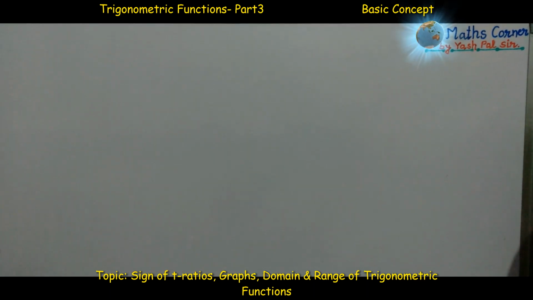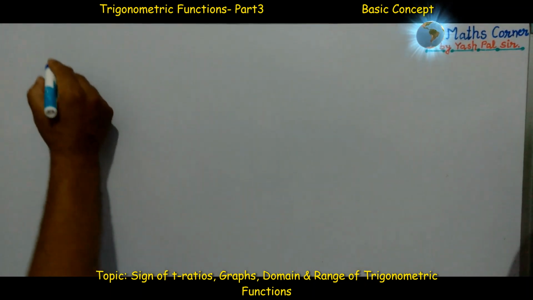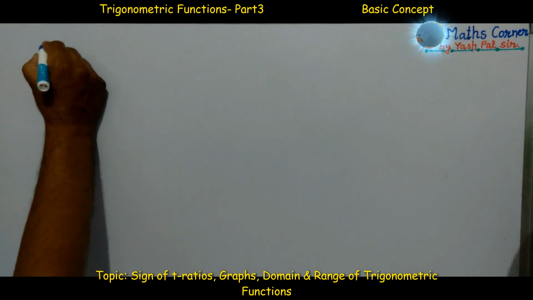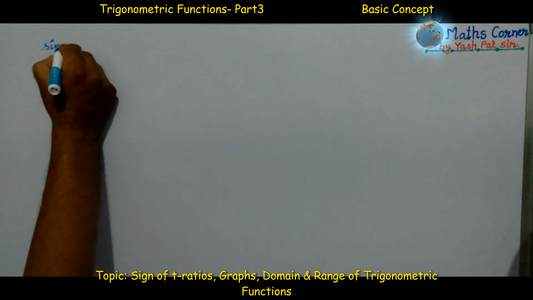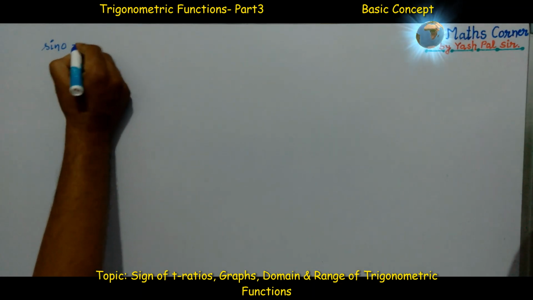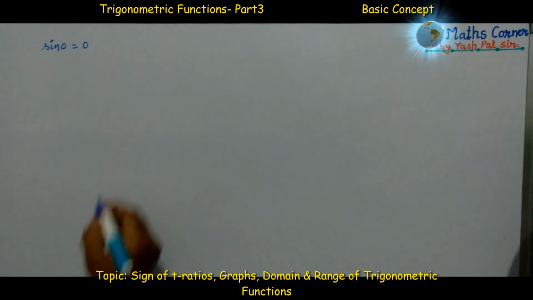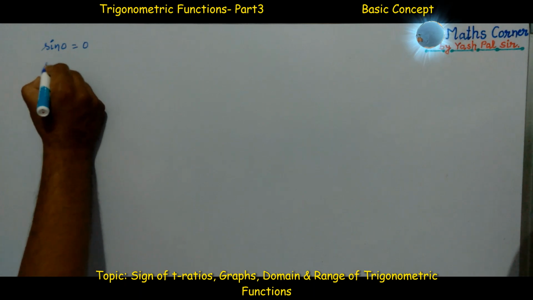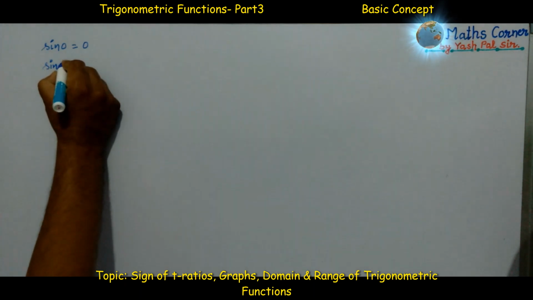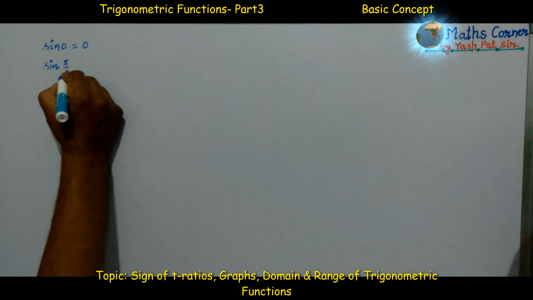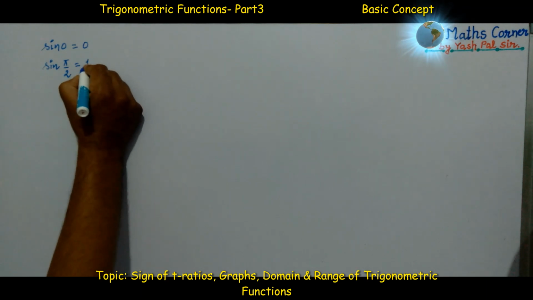Now we shall discuss more about trigonometric functions. First of all, starting with here, the value of sine 0 degree. This is of course 0. Now what happens? What is the value of sine pi by 2? This is equal to 1. Okay.